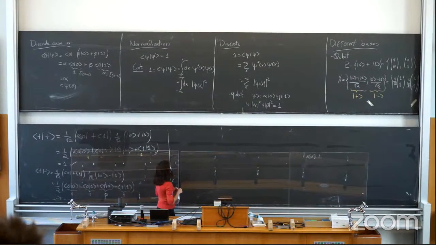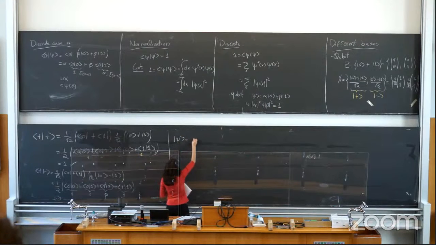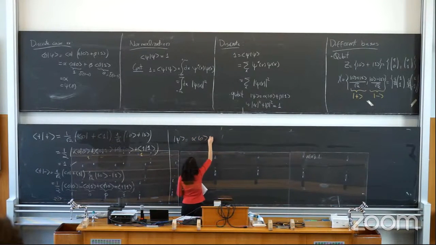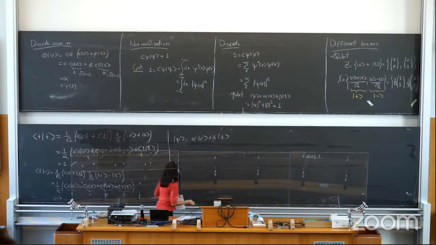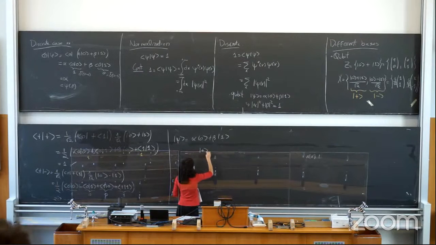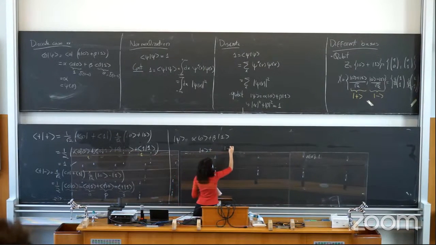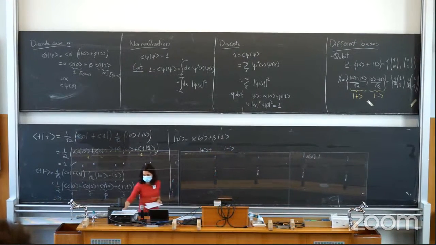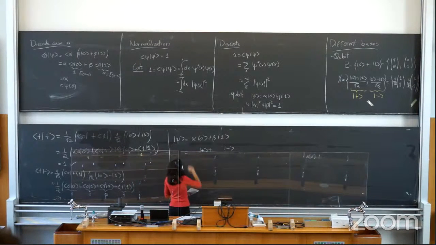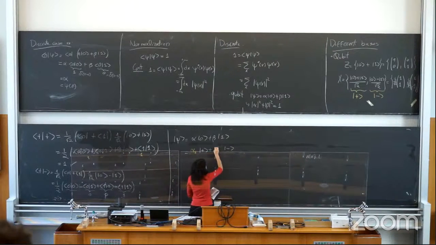We want to express some vector psi equals alpha 0 plus beta 1, instead in our plus minus basis, with some unknown coefficients. Let's call them alpha x and beta x.